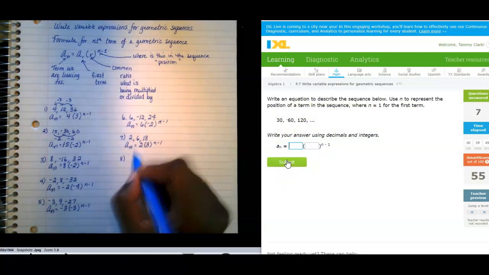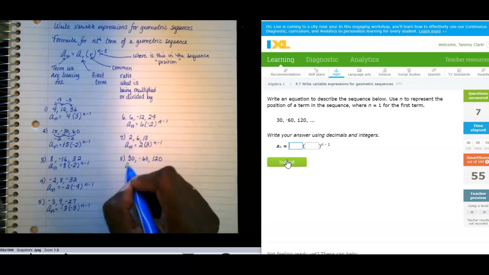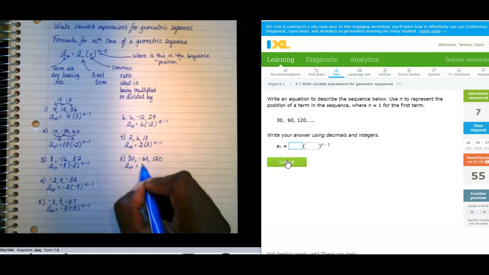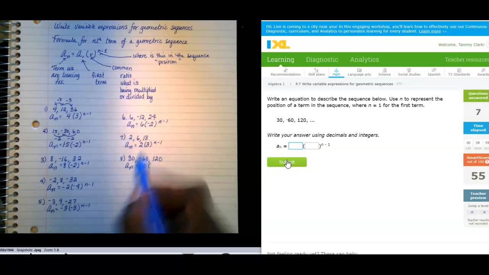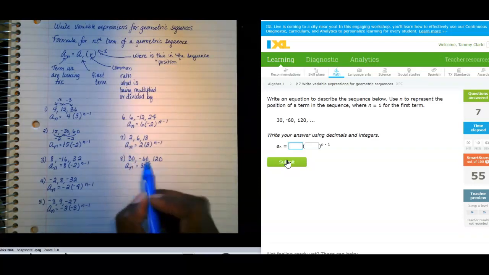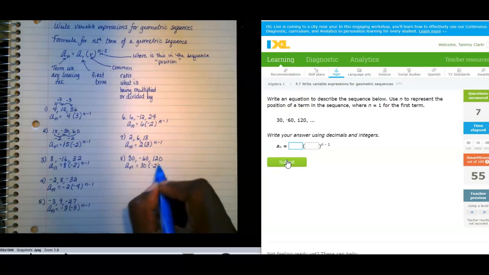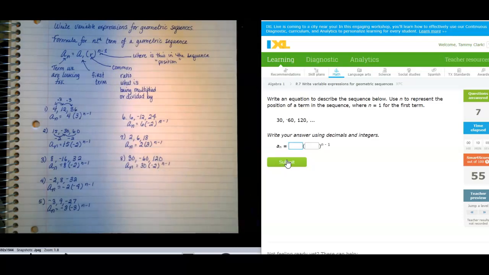Number 8, we've got 30, negative 60, 120. So a sub n is equal to, our first term is 30, multiplied by, well, 30 times 2 would give us 60, but this is not positive 60, it's negative 60, so this would be negative 2, raised to the n minus 1 power.